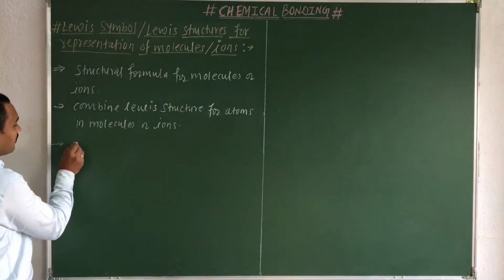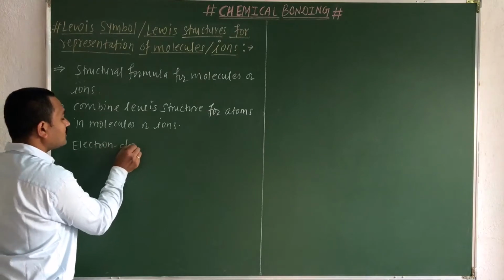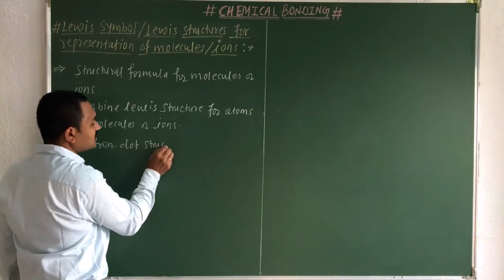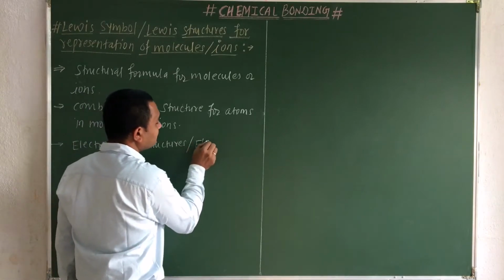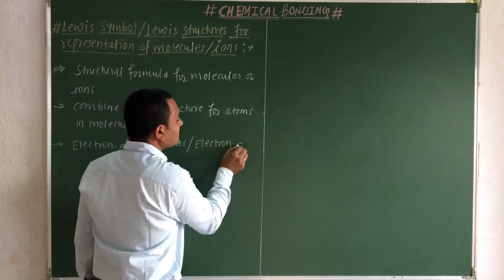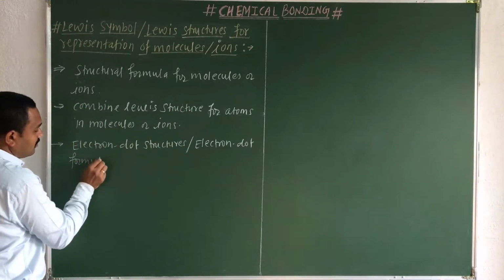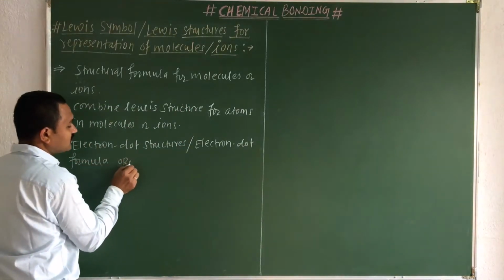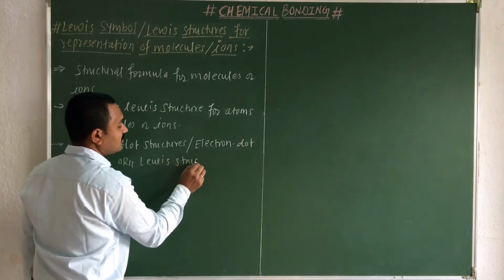That structural formula is known as an electron dot structure, or an electron dot formula, or a Lewis structure.